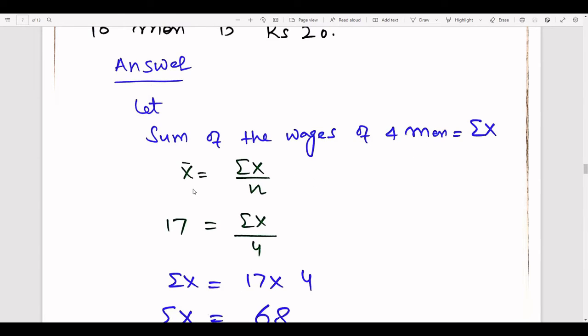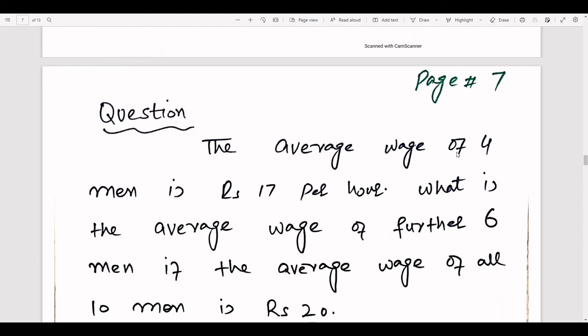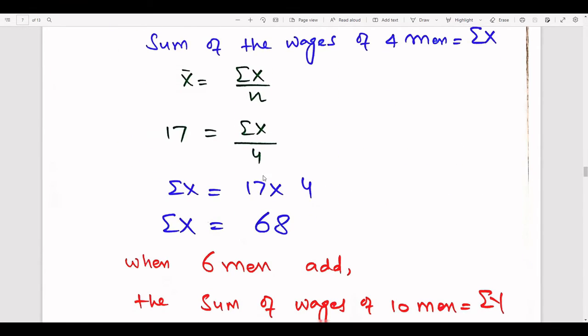As you know, for ungrouped data, the arithmetic mean formula is x bar is equal to sum of x over n. For 4 men, the average wage, which is the mean, is 17. So small n is 4, 17 is the arithmetic mean, and sum of x is 68 rupees.